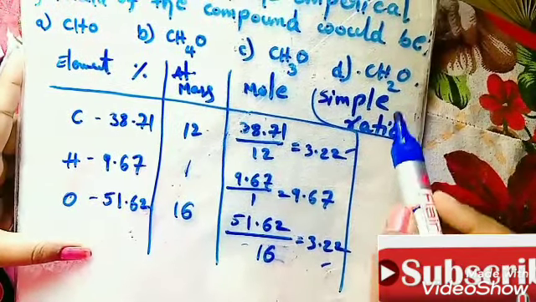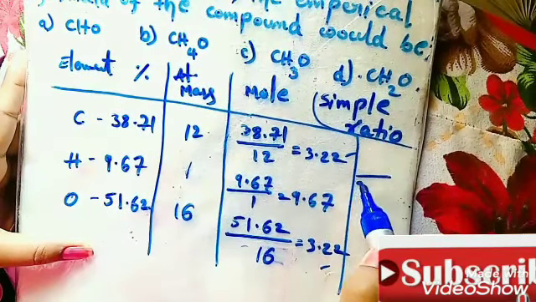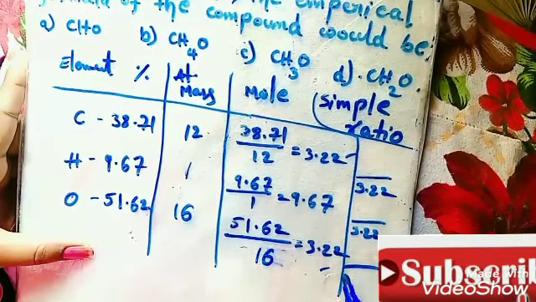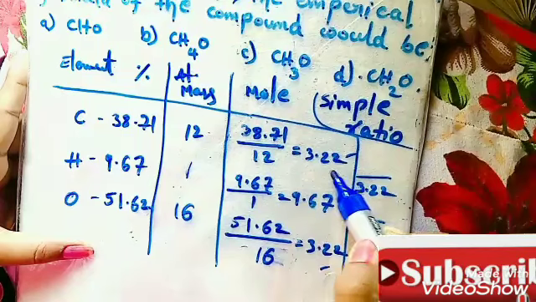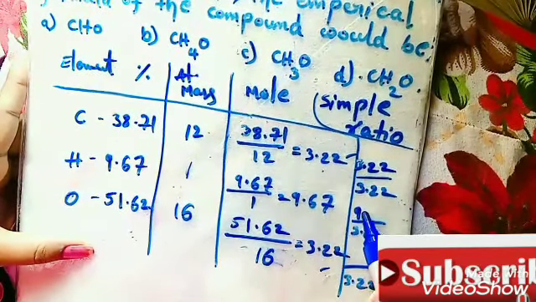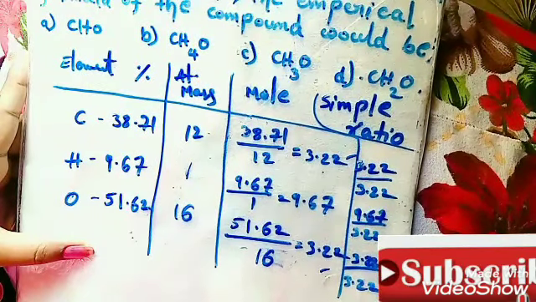And students, if you see in these 3 moles, 3.22 is the common. So if you calculate the simple ratio for this, 3.22 you have to take as common denominator. So 3.22, and here 9.67 we got it, here 3.22.